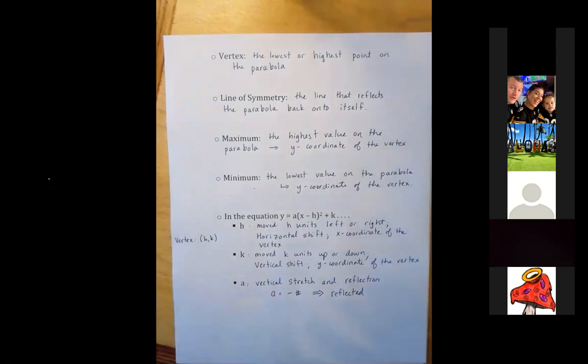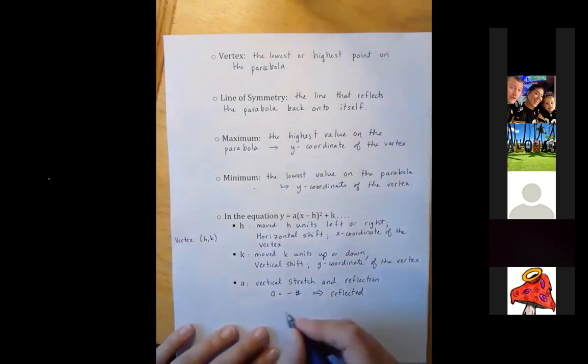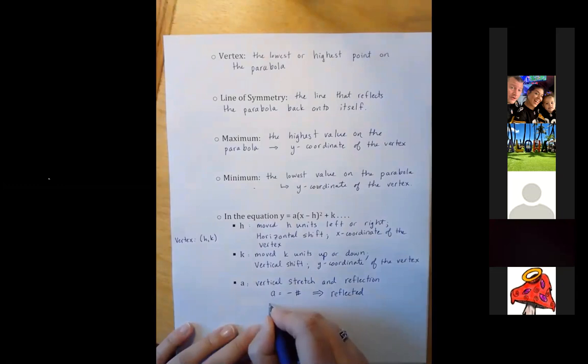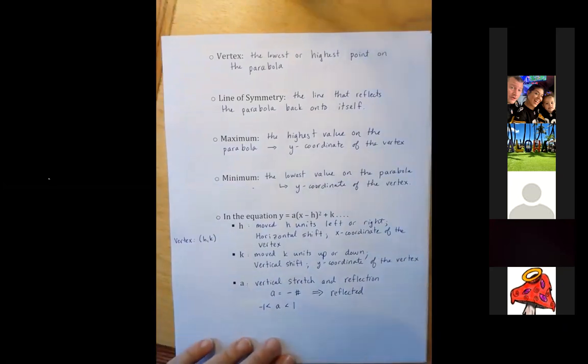For lack of a better word, we often talk about A either being between the values of -1 and 1, which many students think about as the fractions. Obviously, any number can be written as a fraction, and so these are the numbers that are fractions that don't have a whole number piece.